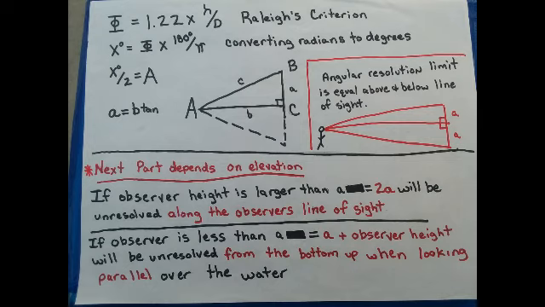Now, as you can see, this next line is where I had to make a little bit of a change. I now have an isosceles triangle to the right, which I'm going to break into two right angle triangles. And I'm allowed to do that because, as you can see in the diagram to the right of that one, the angular resolution limit is equal above and below your line of sight. So anything above your line of sight that is being distorted by this phenomenon will also be distorted below in an equal amount.